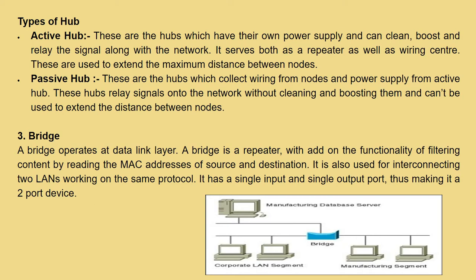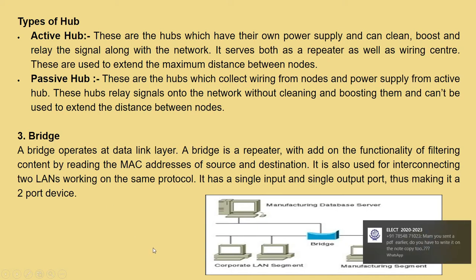Okay, now go for the bridge. See this bridge picture. This is the bridge line. Here the systems are there. Manufacturing segment is there. Corporate LAN segment is there. Now this is the bridge. So what do you mean by bridge? A bridge operates at the data link layer.